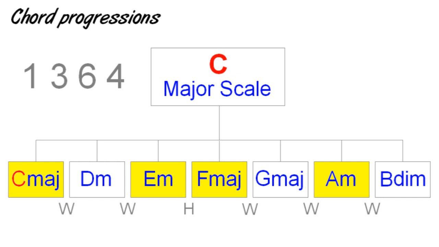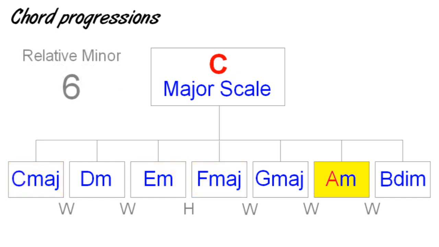Remember, even minor key progressions can be built from this parent major scale. The most common minor key progressions resolve around the 6th chord, also known as the relative minor of the major tonic. In C major, the relative minor tonic would be A minor.